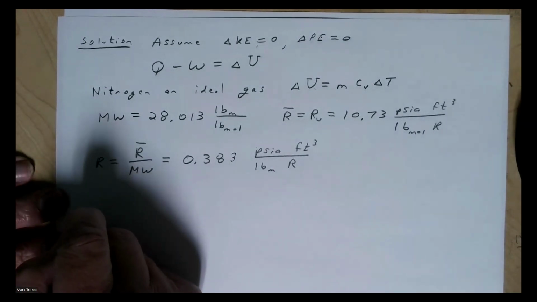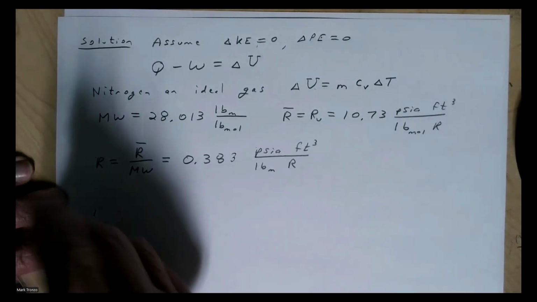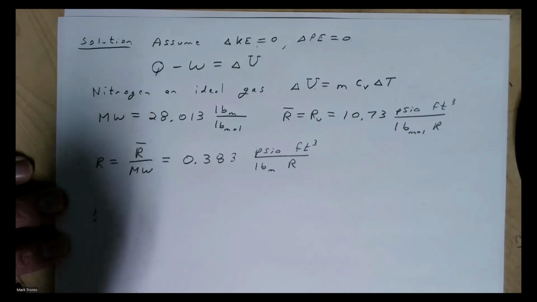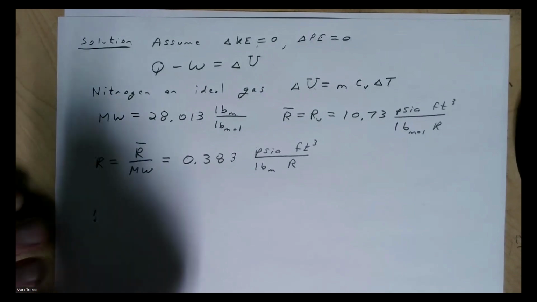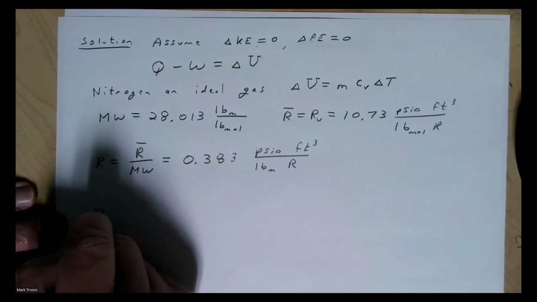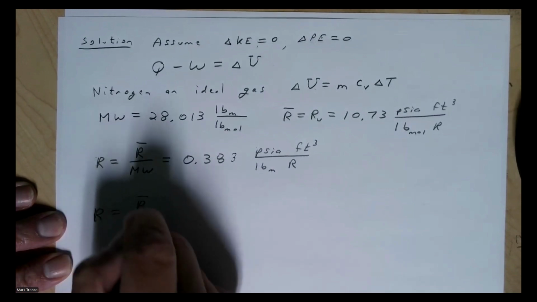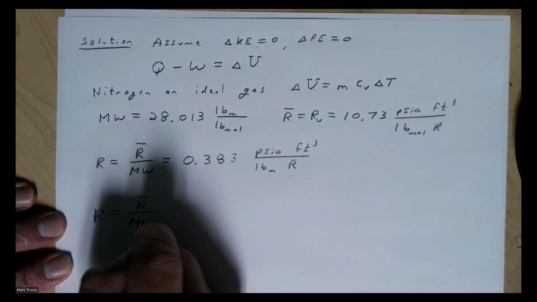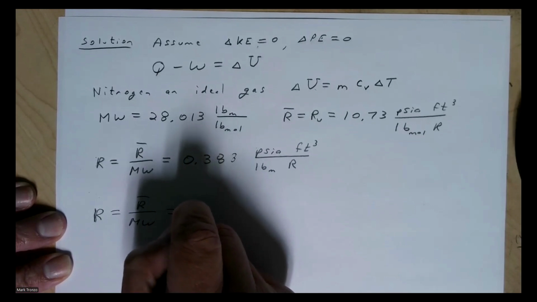Now, we also may want to have it in the other form as well, where we have BTUs. We might find that comes in handy. So we could also use this form.